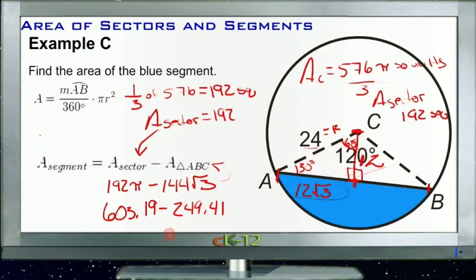So if we then subtract those two, 603.19 minus 249.41, we get 353.78.